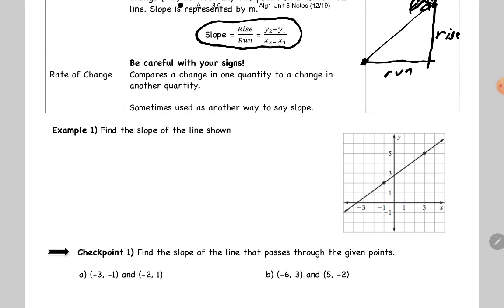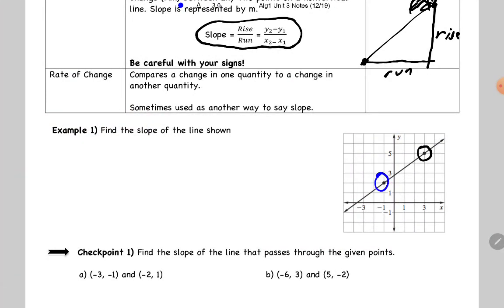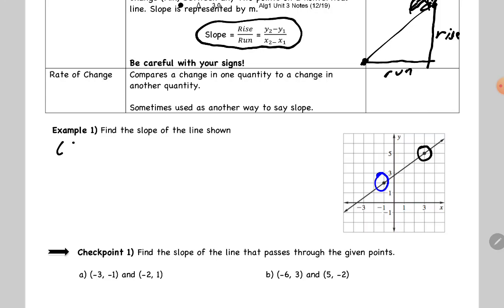So first we need to find our coordinates. I will mark this one in black and the other one in blue. For my black one, I go right 3 up 5. So there's that coordinate.